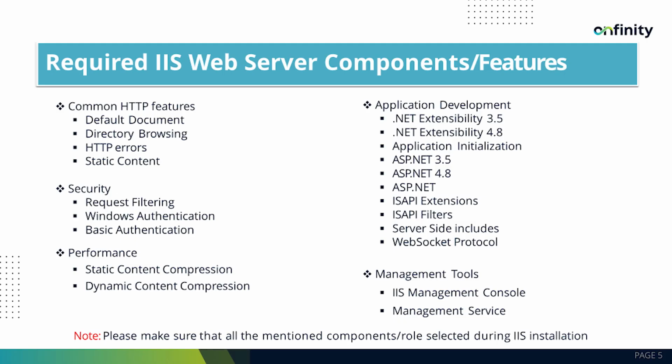For application development, select .NET Extensibility 3.5, 4.8, application initialization, ASP.NET 3.5, 4.8, ASP.NET, ISAPI extensions, ISAPI filters, server-side includes, and WebSocket protocol. At last, management tools include IIS Management Console and Management Service.